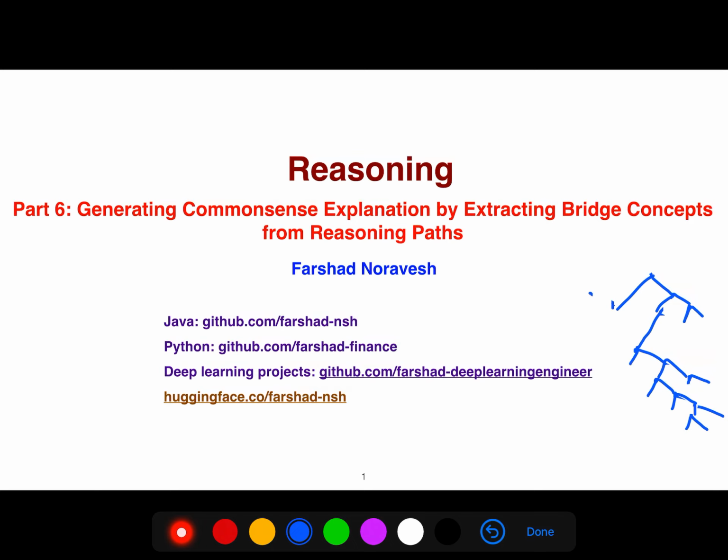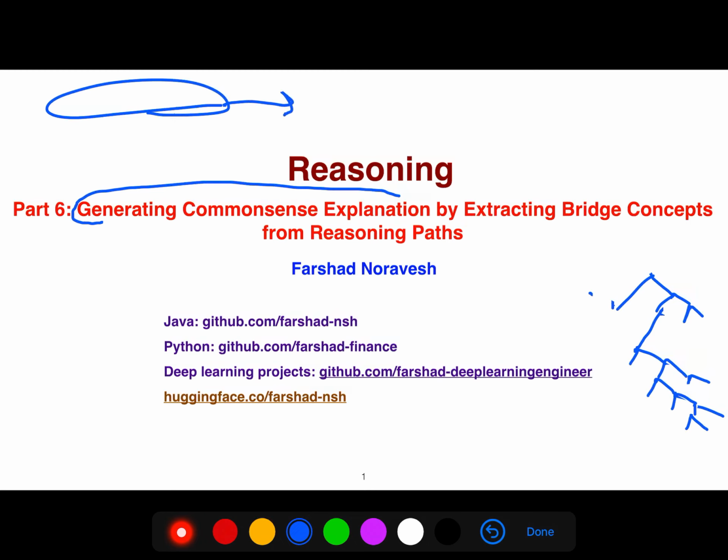So this article is really interesting, although it uses a relatively different paradigm for reasoning. We generate common sense explanations. For example, we assume that some sentence is wrong, and you say why.